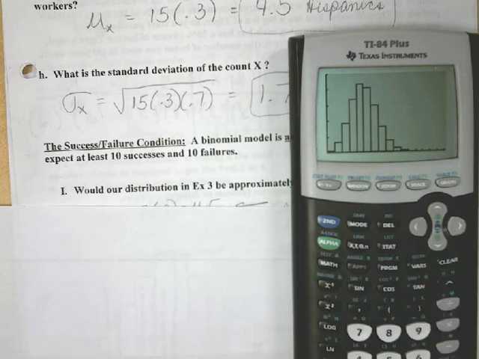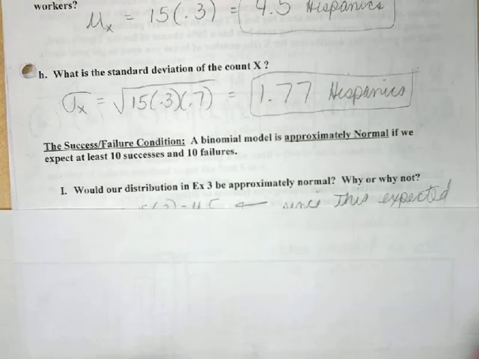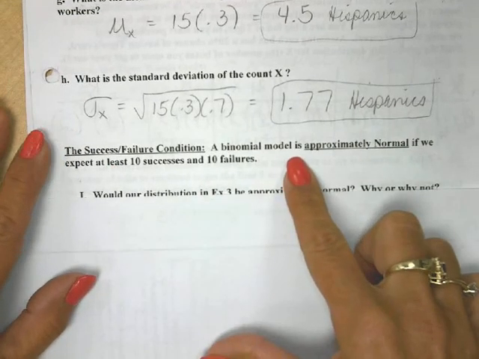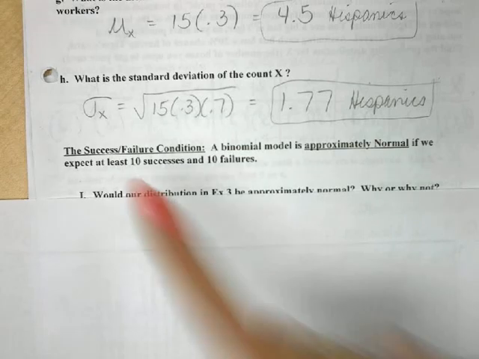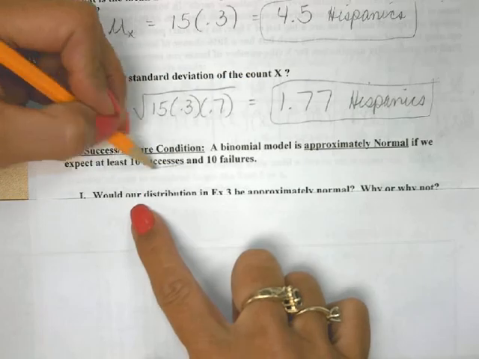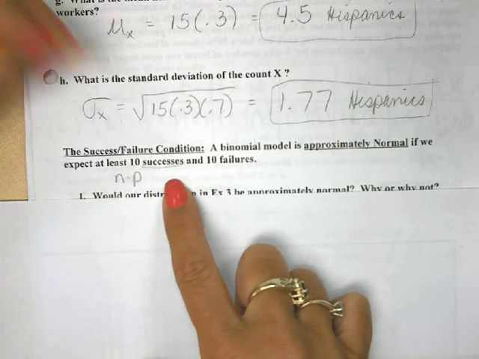Now, is it symmetrical enough, with the 68, 95, 99.7 rule, for us to say this is approximately a bell-shaped curve or a normal distribution? It looks pretty close, but we need a way of not just eyeballing it, and this is the criterion we'll use. In a binomial situation, n times p tells us how many successes we expect to get, the expected number of successes.